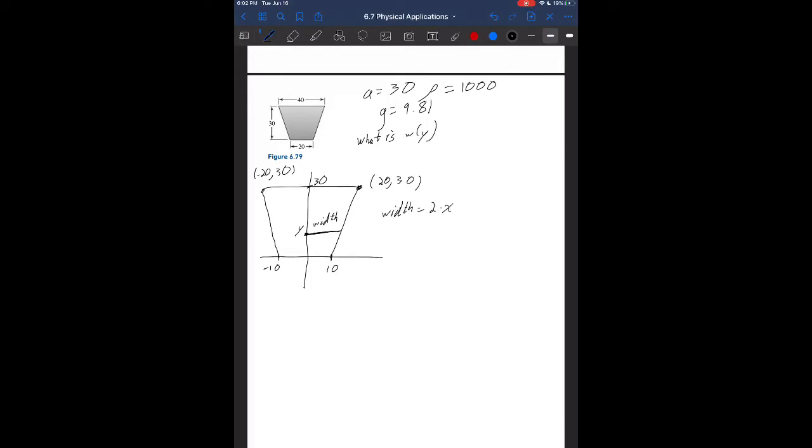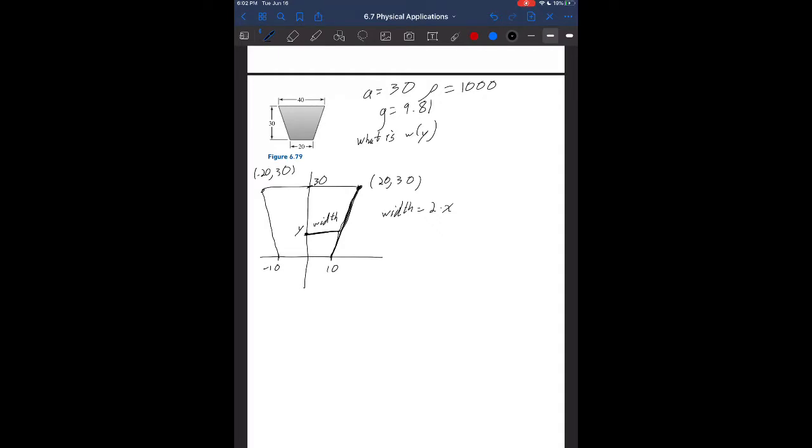So what I'm going to do is take this line I have here, figure out a formula for it where I get x's in terms of y's, and then that is going to be my w of y.